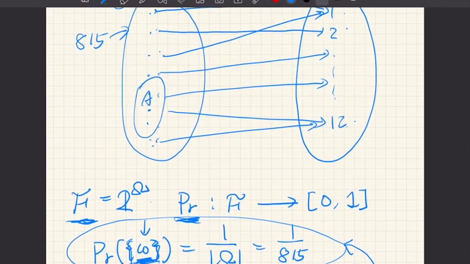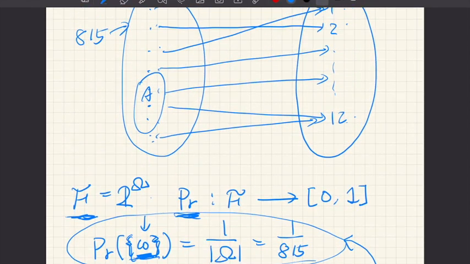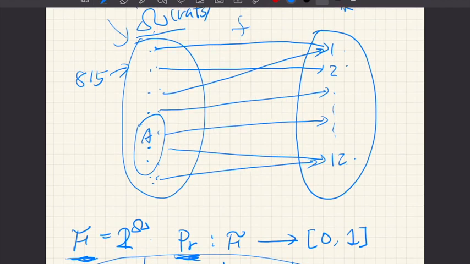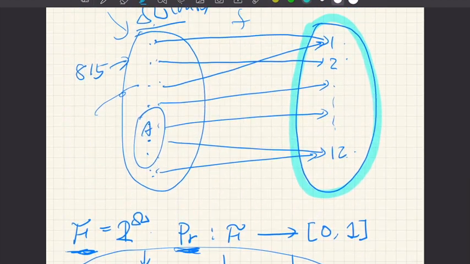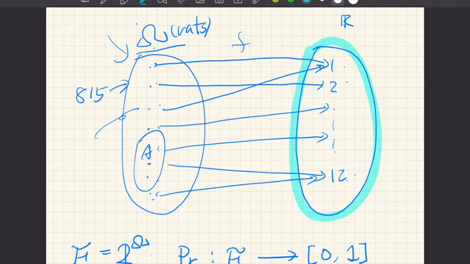Okay, now after defining this probability here, we can derive the probability distribution for the values of random variables. Okay, so what is the probability, for example, that the number of the litter size is 1?